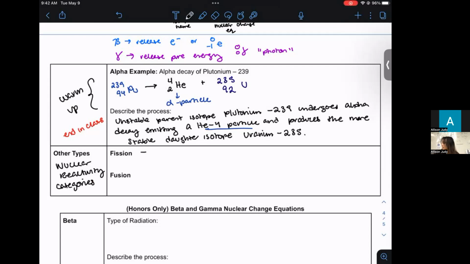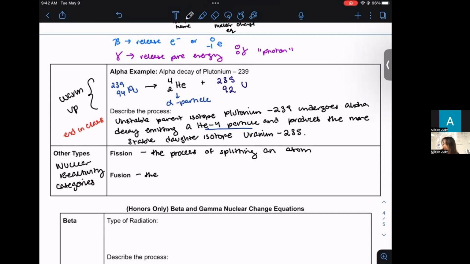Fission is the process of colliding. Oh, not colliding, sorry. Splitting an atom, which takes an immense amount of energy, but then produces an even larger amount.